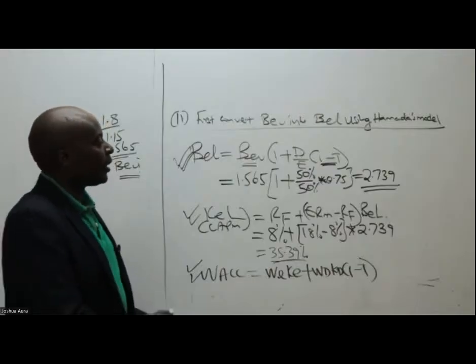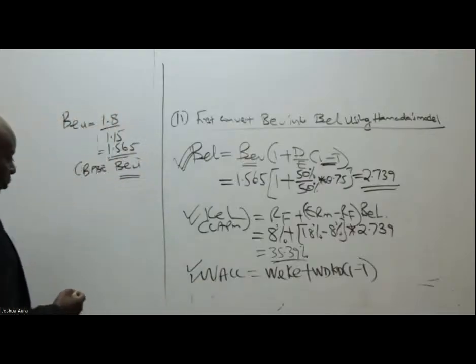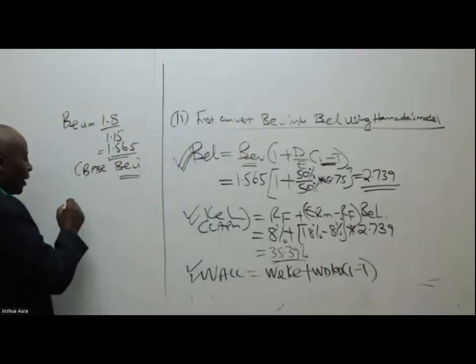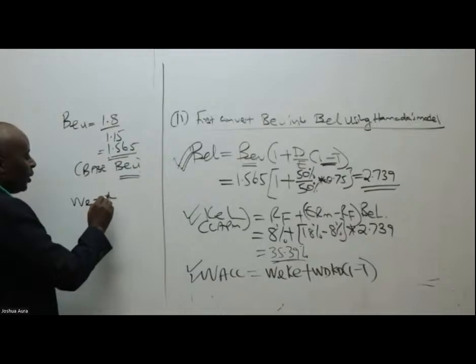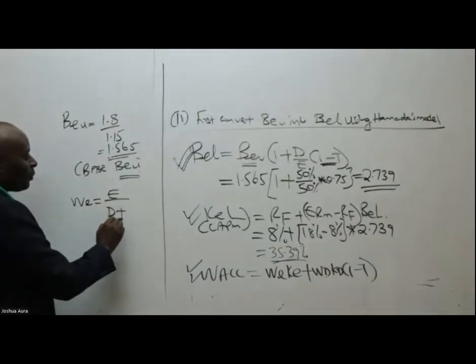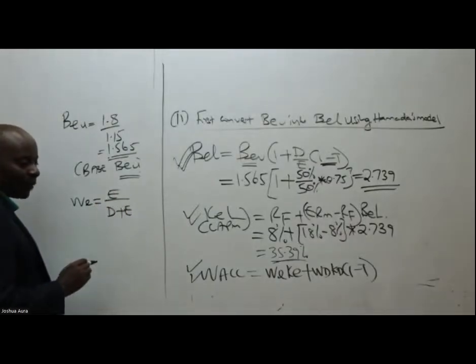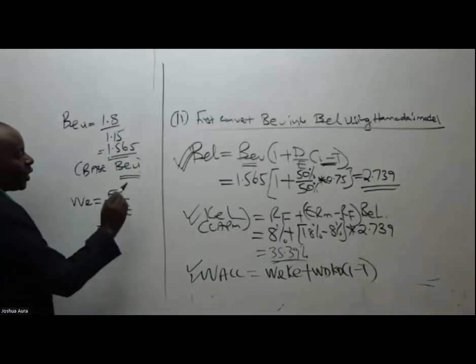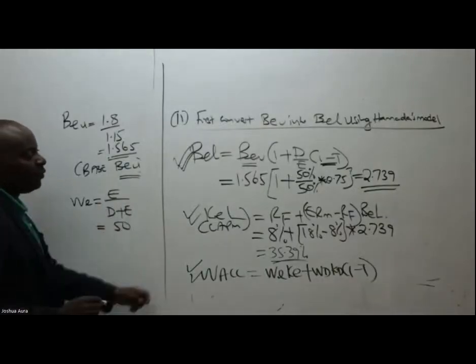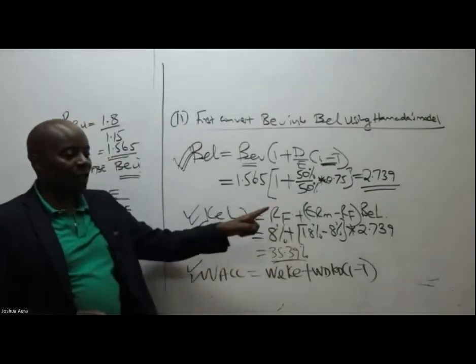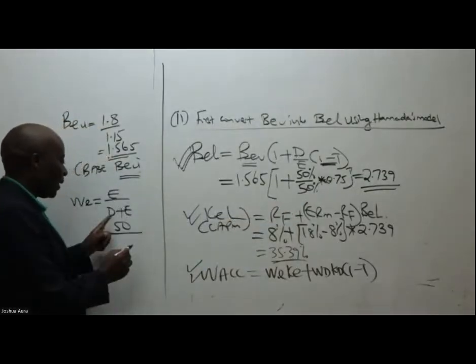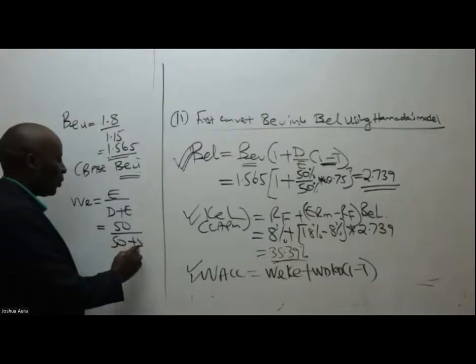So remember that the weight of equity really is 0.5. The weight of equity here will be the equity component over debt plus equity. So the equity component, you guys gave me 50. It's 50-50. 50 equity, all over debt, which is 50, plus equity, which is 50.